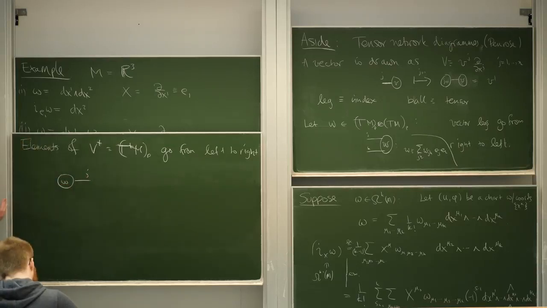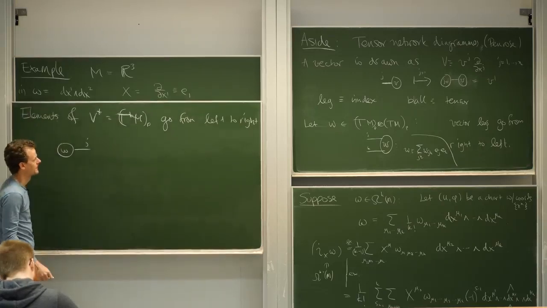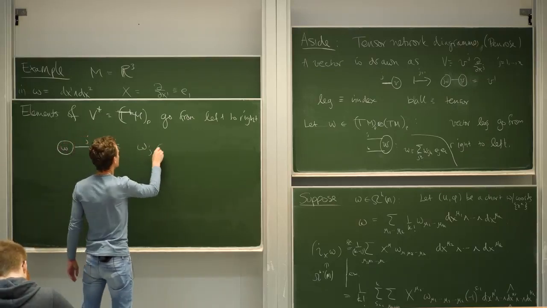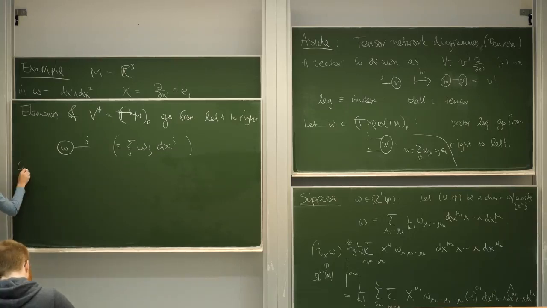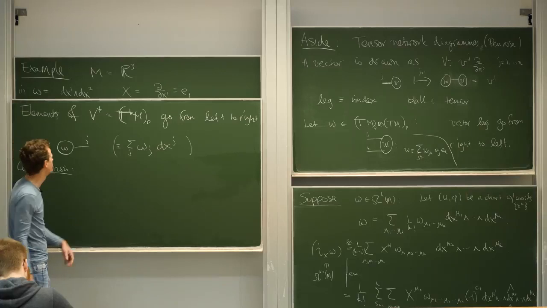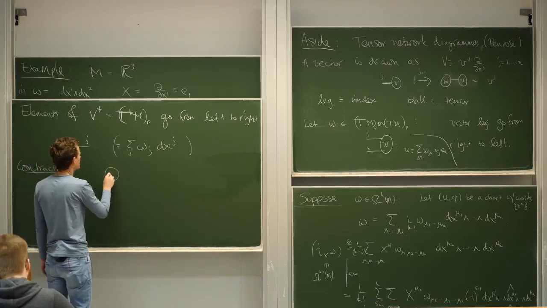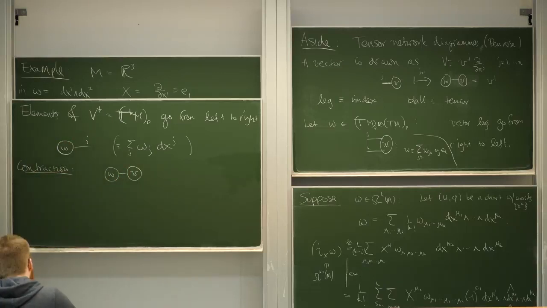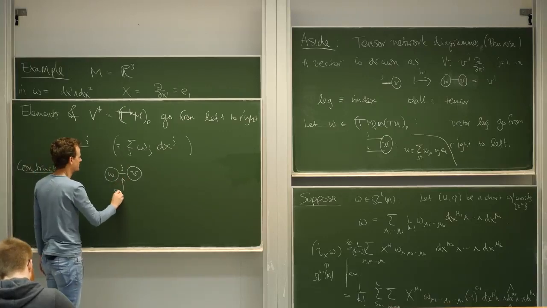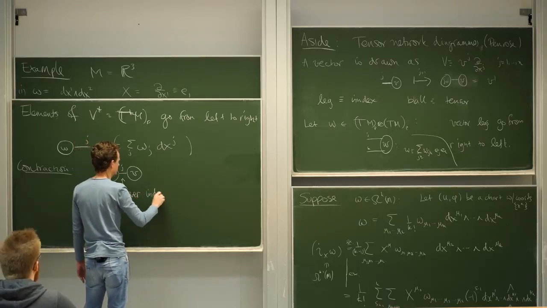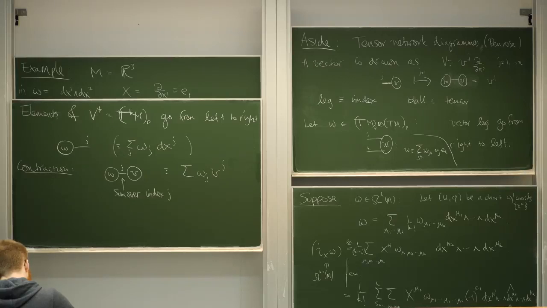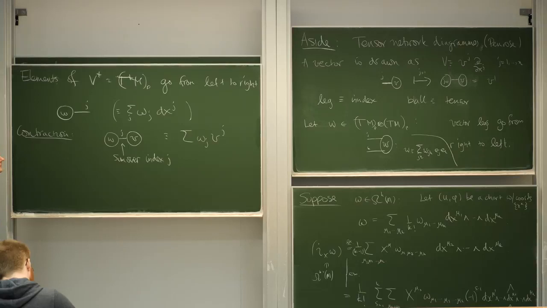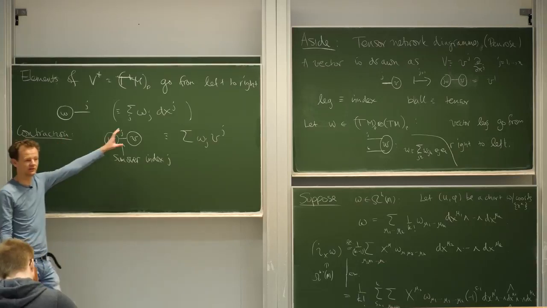But now we draw them from left to right. So one of the most important operations that makes this diagrammatic calculus work out is contraction, which is represented by joining the legs.